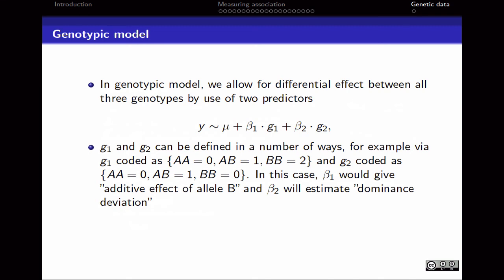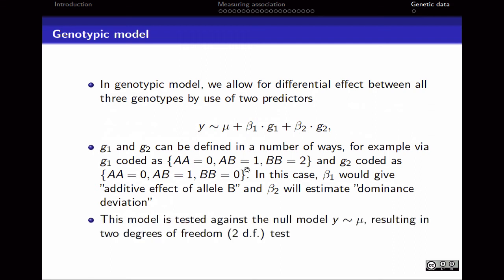In this case, beta 1 would give you the additive effect of allele B, while beta 2 will estimate dominance deviation. And this model is tested against the null model, where no genotype is present, resulting in a 2 degrees of freedom test. So chi-square, you would compare it to chi-square with 2 degrees of freedom now.